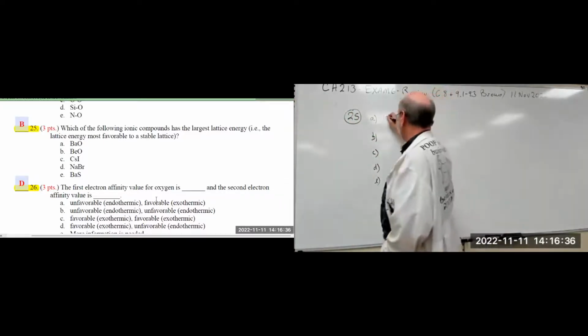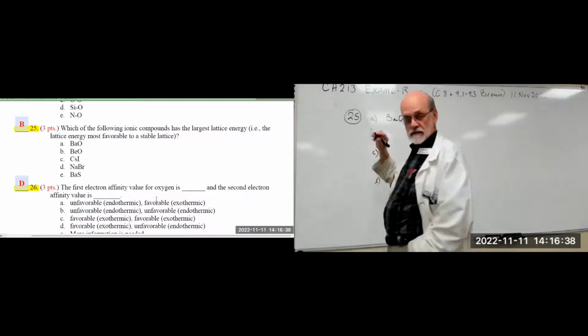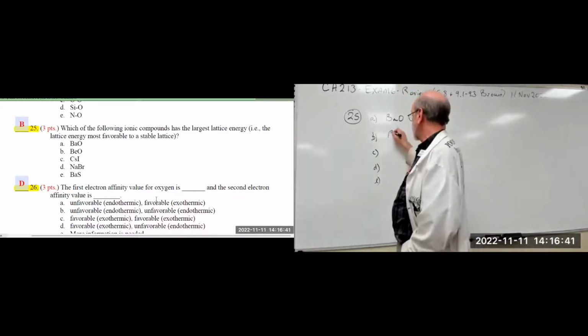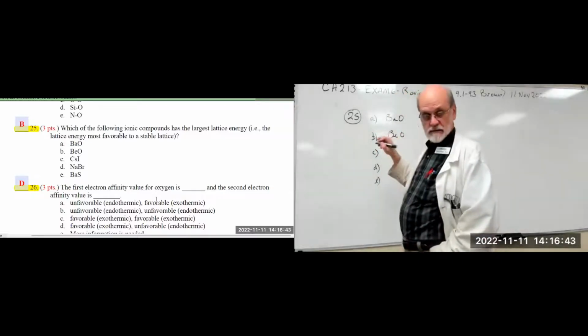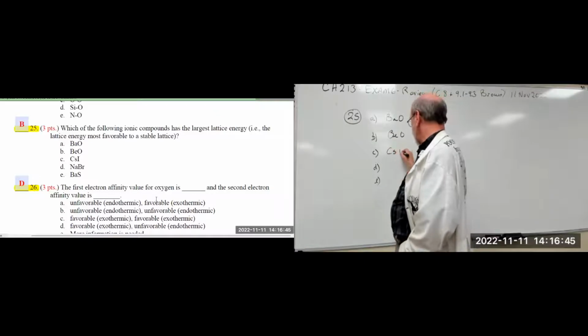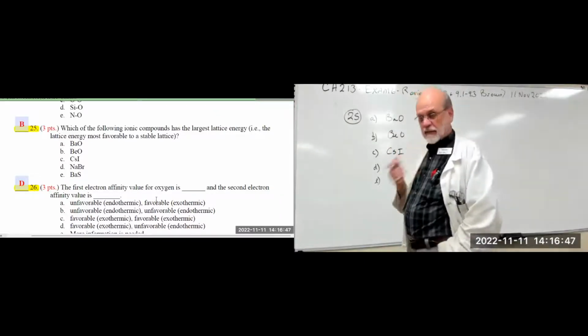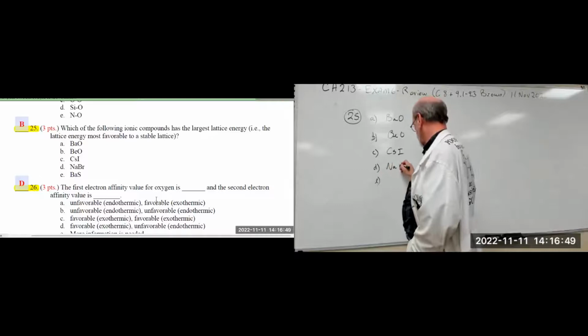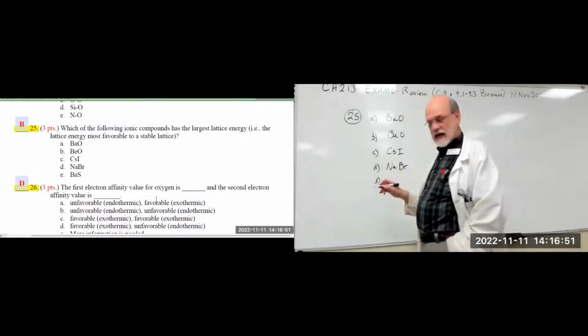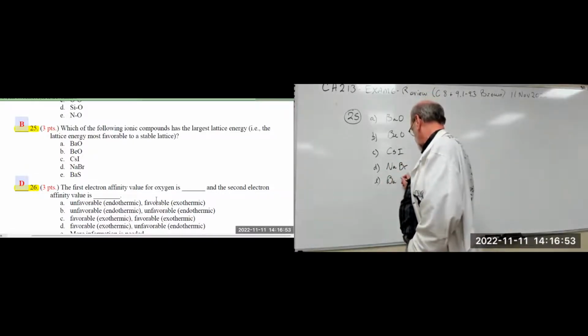Okay, we got barium oxide, beryllium oxide, cesium iodide, sodium bromide, and barium sulfide.